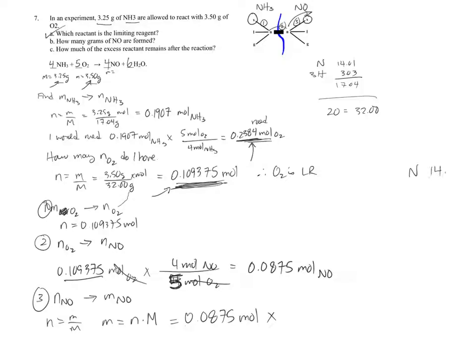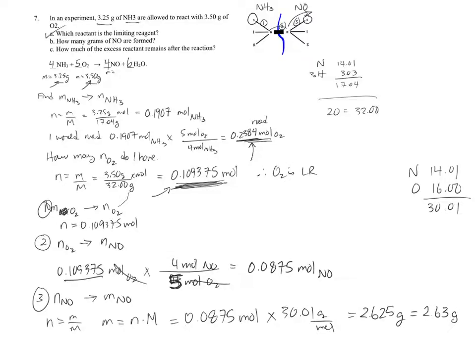Nitrogen was 14.01 and oxygen, one oxygen is 16, so it's 30.01 grams per mole. So take that number I just had and times it by 30.01, and that'll give me 2.625, etc. grams, rounding it to 3 sig figs, 2.63 grams.